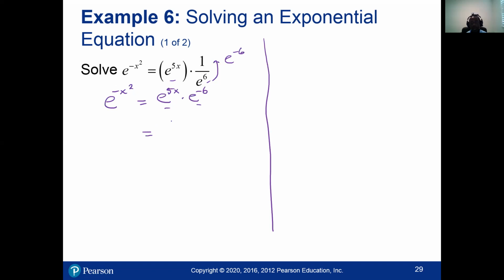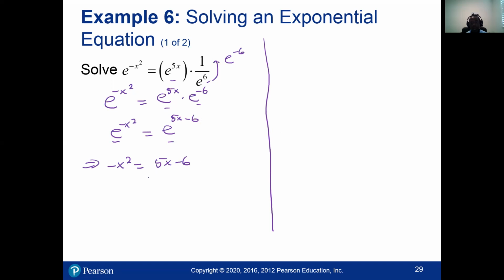That would be e raised to 5x minus 6, and then e raised to minus x squared. Now look at the equation. They have the same base, e, so we equate the exponents. So this means that we have minus x squared is equal to 5x minus 6.